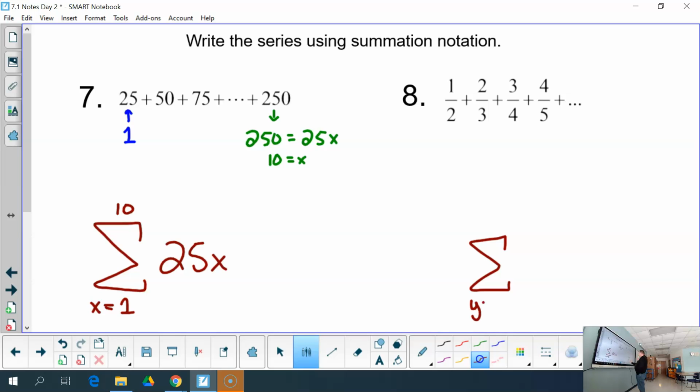Oh, let's use y this time here. So that's a good spot to start because that's what our answer is going to look like. This over here would have been the answer, the summation notation for that particular series. So here's how it starts. I've got my sigma, I've got my variable.